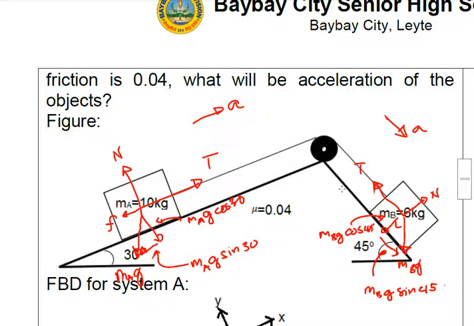So just make sure that you have taken into account all the forces. By the way, the pulley in this problem is said to be frictionless, so we neglect the friction and of course the masses of the cords.